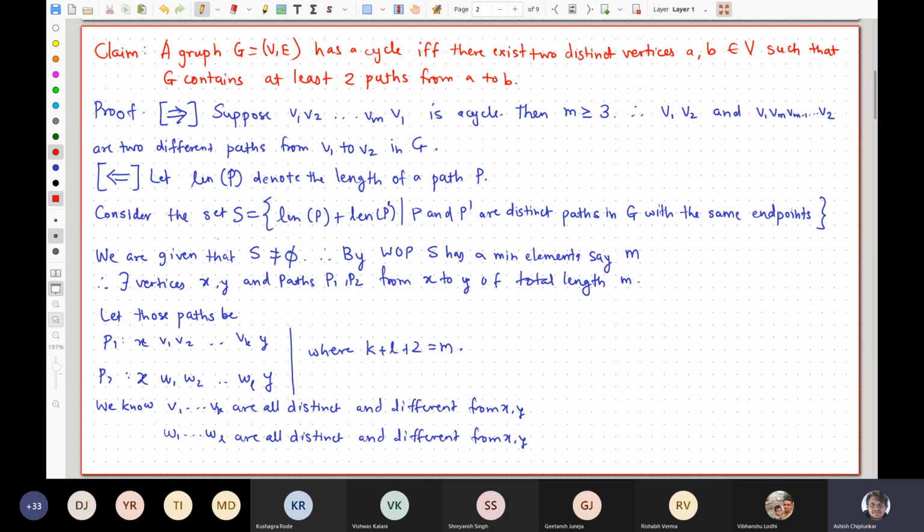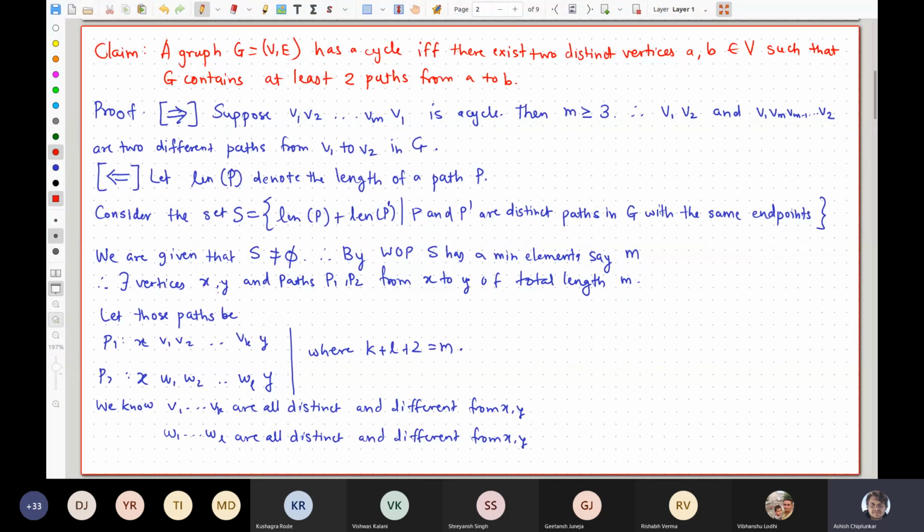Then we define the set S to be the set of all numbers of the form length of P plus length of P prime, where P and P prime are two distinct paths in G with the same pair of endpoints. We are given that S is non-empty, and therefore by the well ordering principle, S has a minimum element, say M. This is what we had last time.